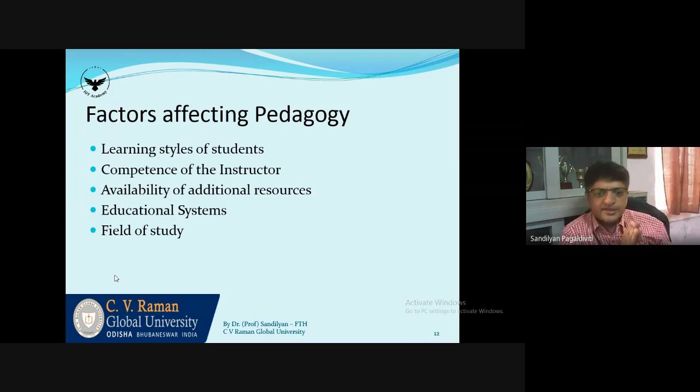the educational system that is being followed has an important impact on the pedagogy. Some places you might not be able to, like, again, I have a Bloom's taxonomy does not restrict to any particular skills. It is just the learning levels.